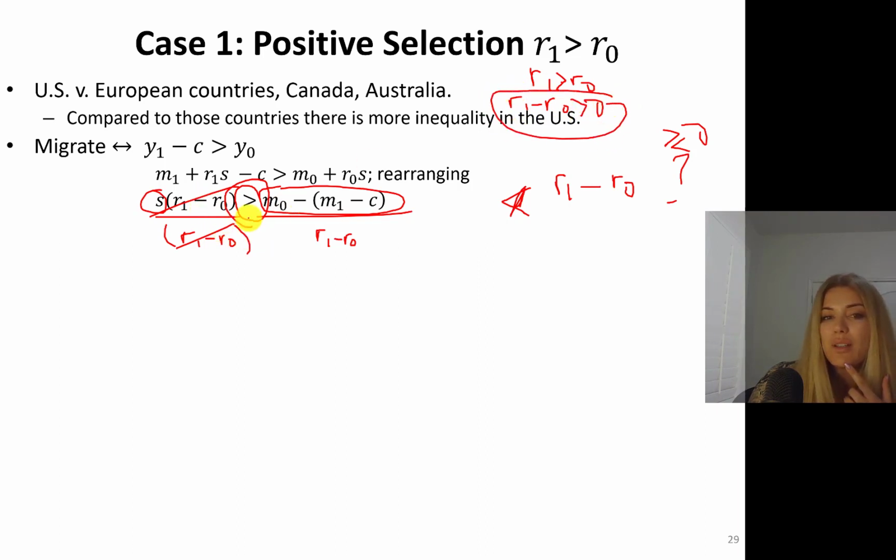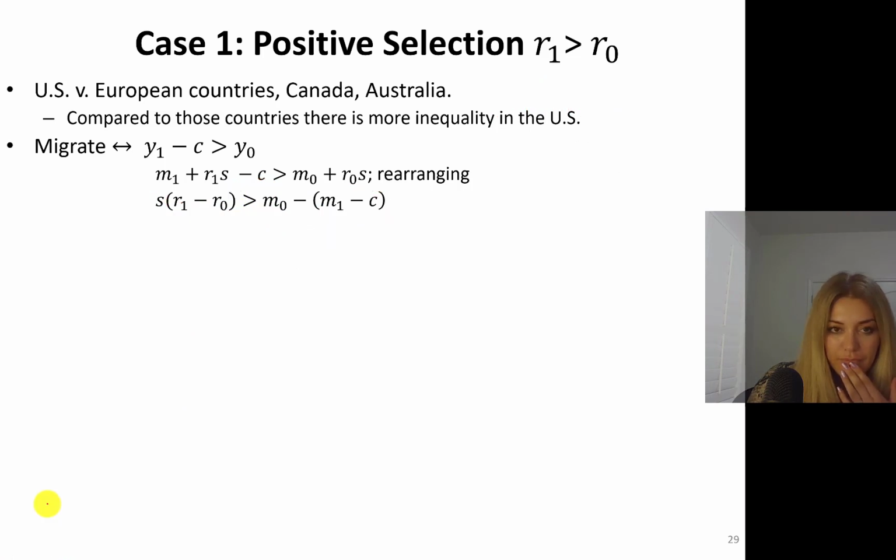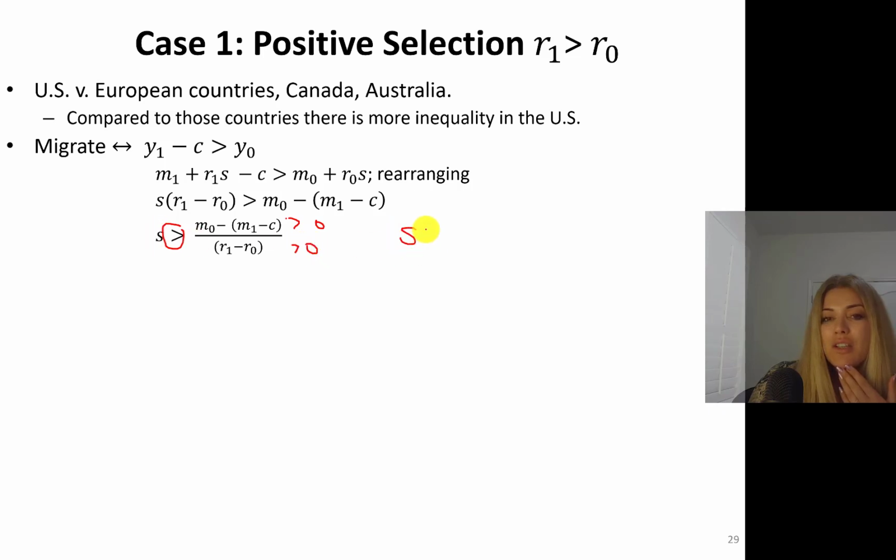You divided the inequality by a positive term, so the sign stayed the same. So S is going to be greater than (M0 minus M1 plus C) divided by (R1 minus R0). I know that the numerator is greater than 0, and this is greater than 0 too. So S is going to be greater than some threshold number, S star.